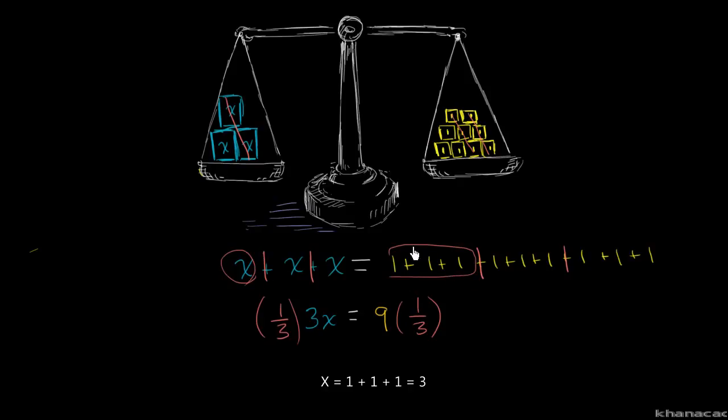And x is equal to 3. Over here, you do the math. 1/3 times 3 is 1. You're left with 1x. So you're left with x is equal to 9 times 1/3, or you could even view it as 9 divided by 3, which is equal to 3.